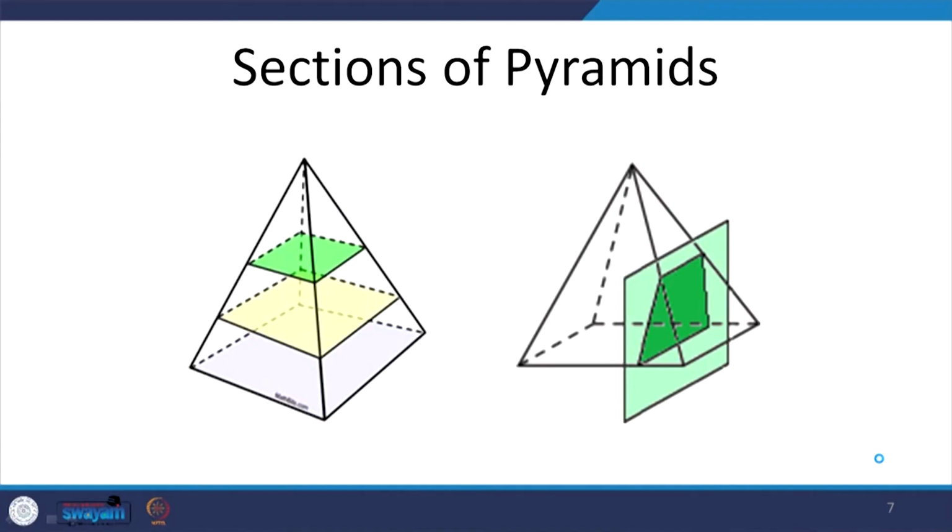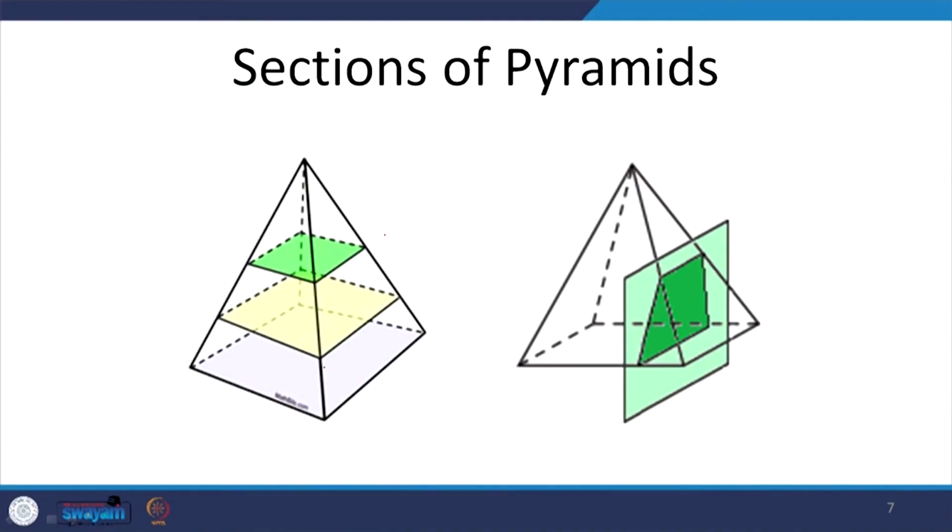So, pyramids, which is the next solid that we are going to take. If I explain the theory to you, it appears very simple, but when we start drawing them, it becomes slightly trickier, because we have to ascertain where that point exactly is going to be.